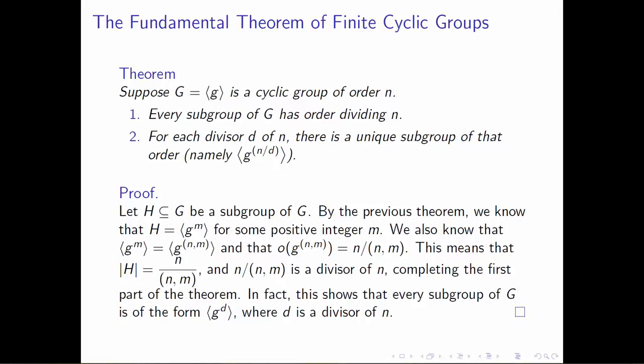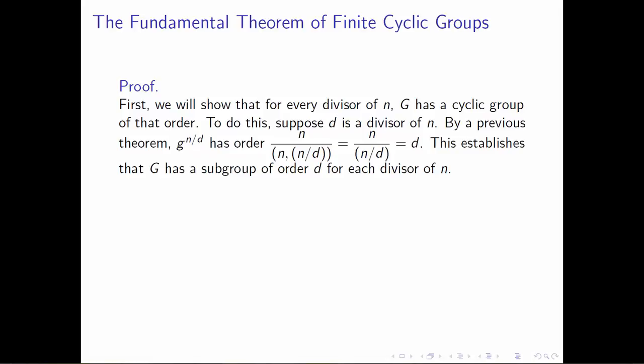We've used that theorem that we discussed in the last set of slides to show that an arbitrary subgroup of the group G can be written not just as the group generated by g to the m, but as the group generated by g to the d, where d is a divisor of n. In particular, it's the GCD of whatever element it was here and the order of the group.